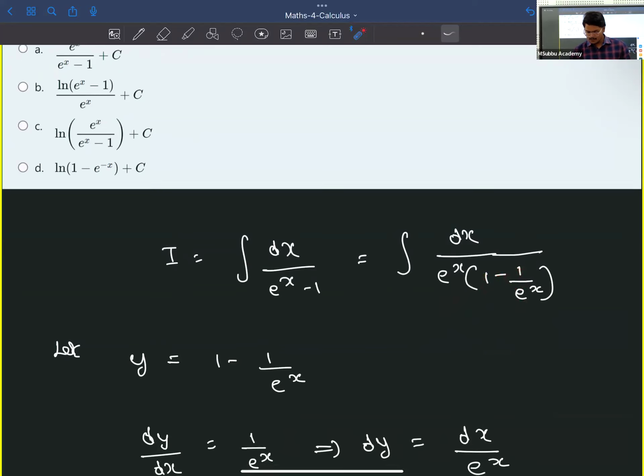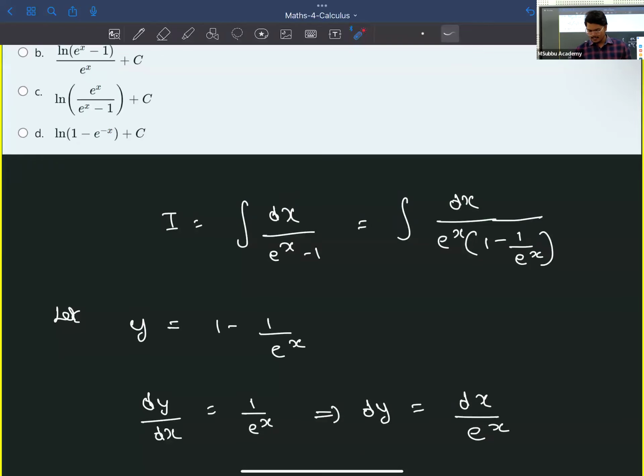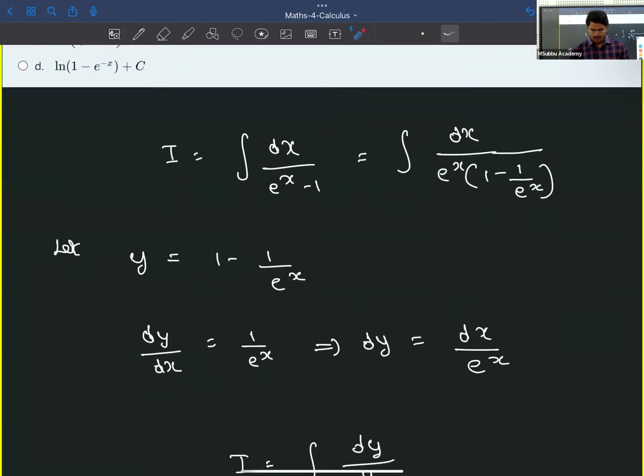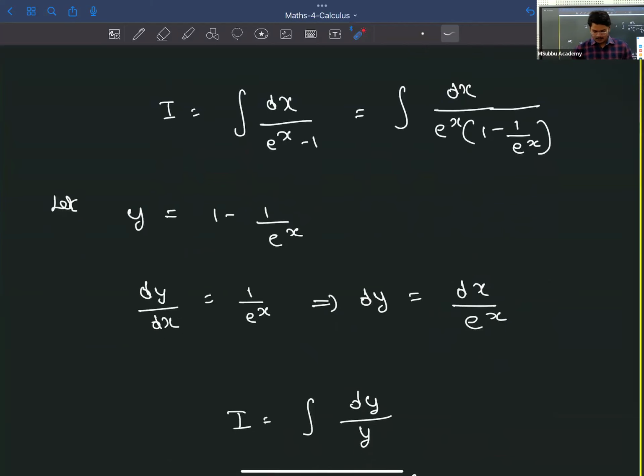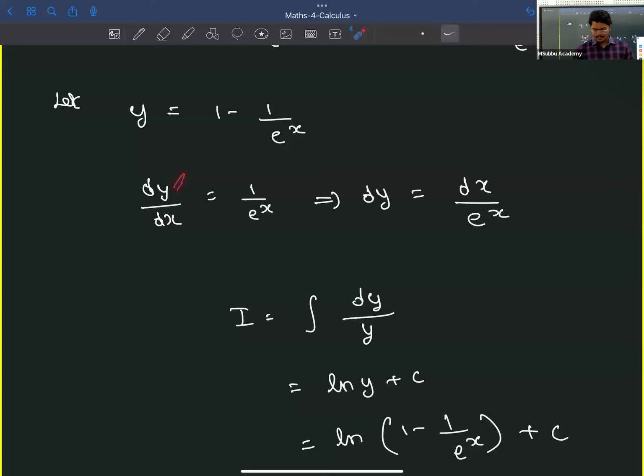Now take this 1 minus 1 by e power x term as y. When you differentiate this y, dy by dx is equal to the differential of 1, which is 0, and when you differentiate the other term, you will get e power minus x.